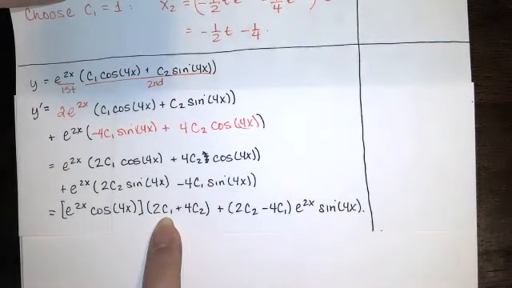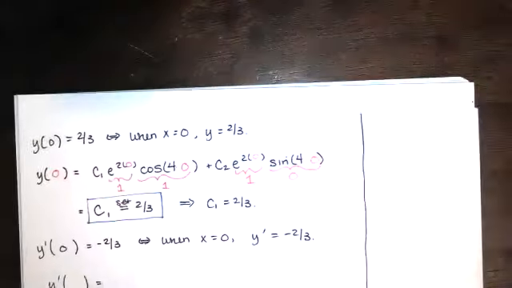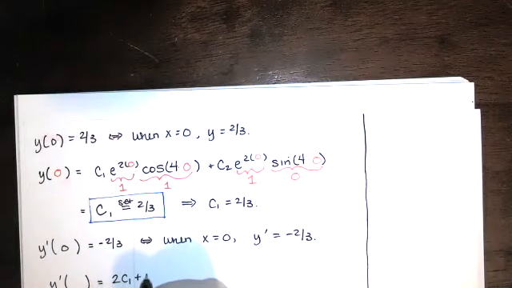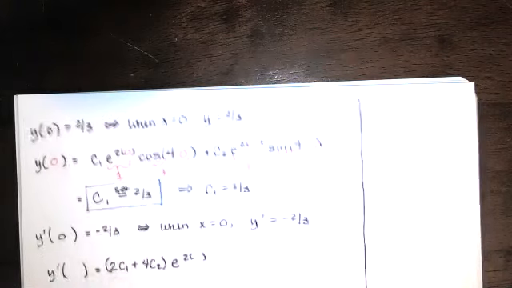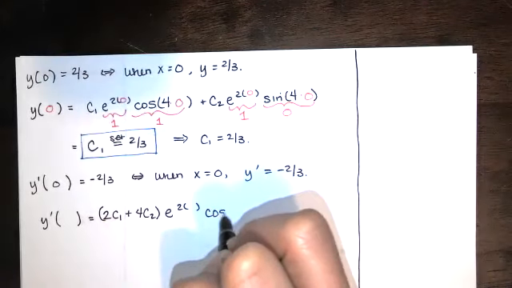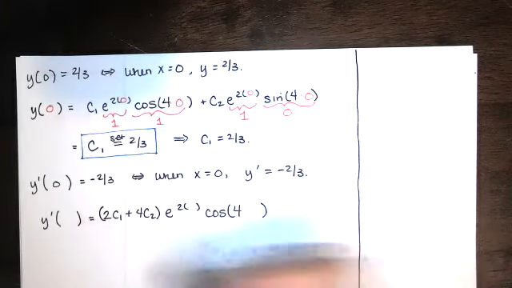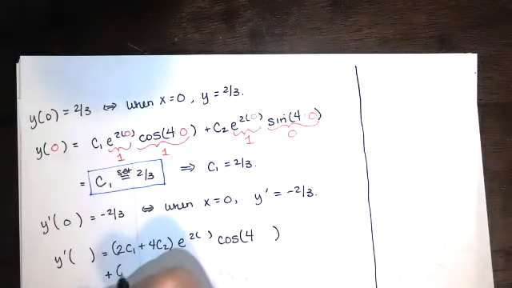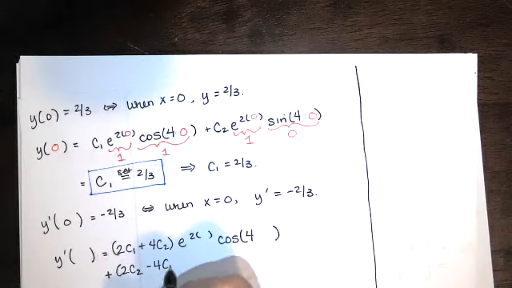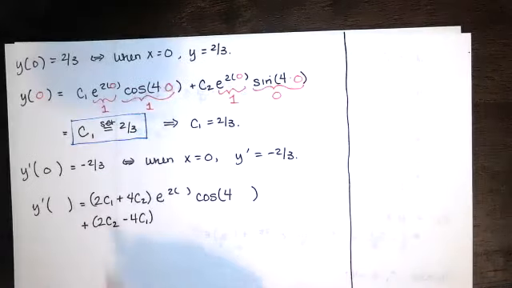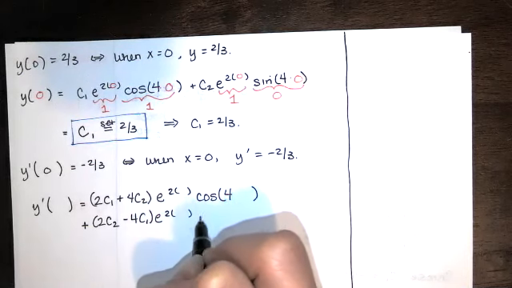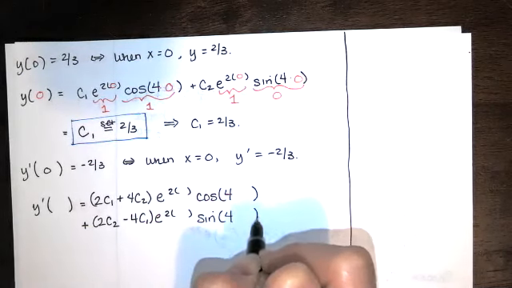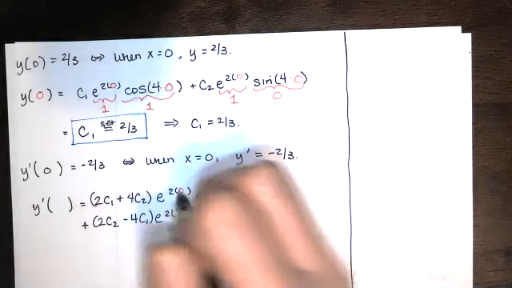So we have 2c1 plus 4c2 times e to the 2x times cosine of 4x plus 2c2 minus 4c1 times e to the 2x times sine of 4x. And we're replacing x with 0 everywhere.